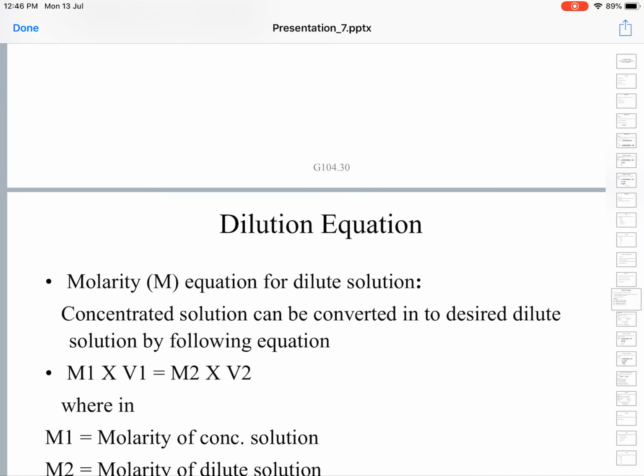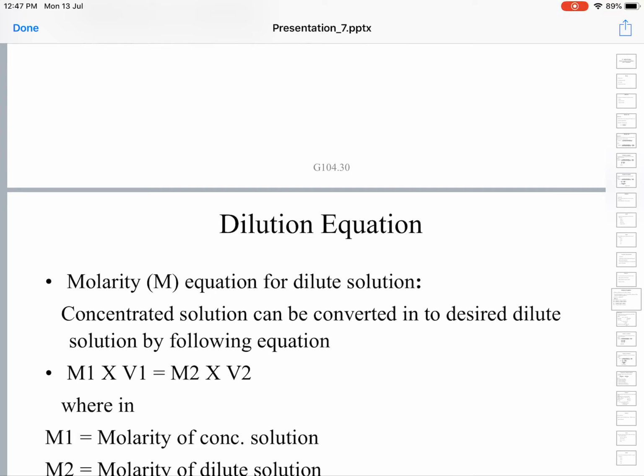The molarity equation for dilute solutions: a concentrated solution can be diluted by adding a certain quantity of solvent, such as water. The concentrated solution can be converted into a dilute solution by the following equation.